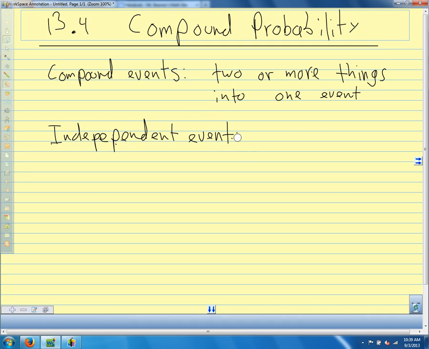The probability of one event doesn't change the probability of the other.